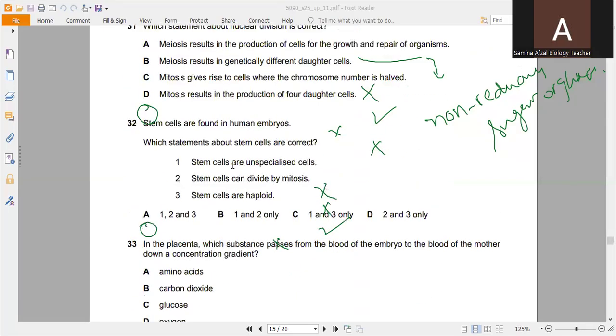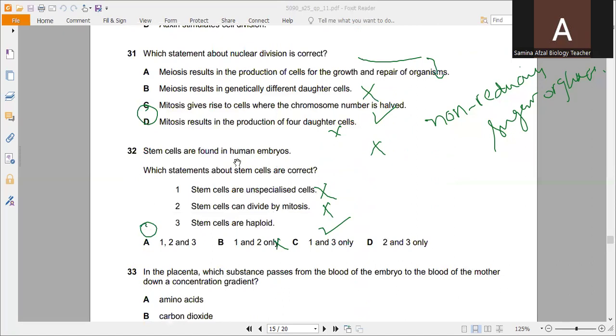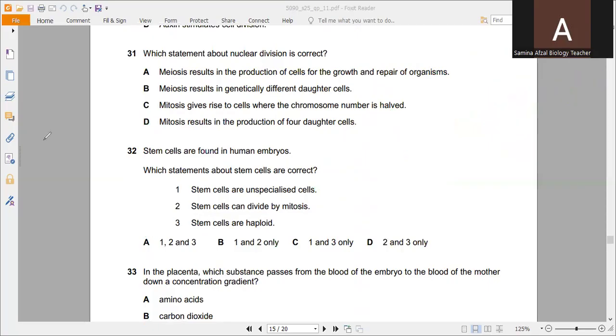Next is question number 31: which statement about nuclear division is correct? Nuclear division, meiosis, results in the production of cells for the growth and repair of organisms.